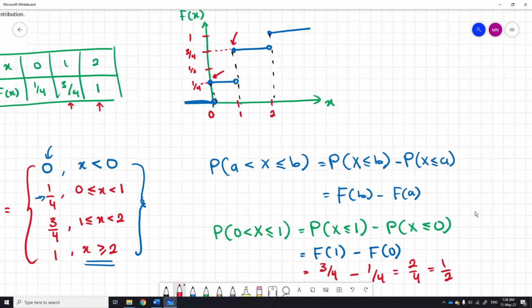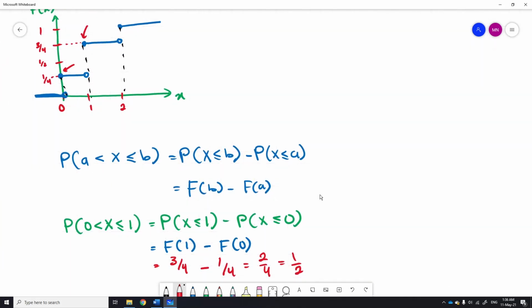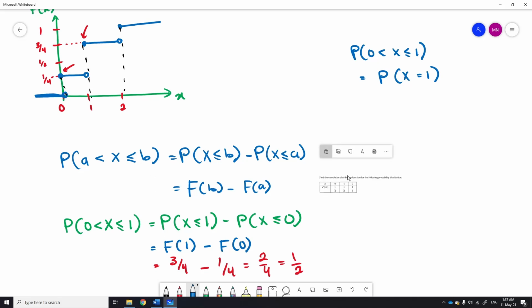We can also prove this by calculating the probability of 0 less than x less than or equal to 1 directly. This probability is actually equal to the probability of x equal to 1 only. Why do I say that?